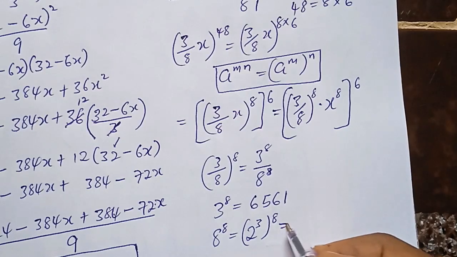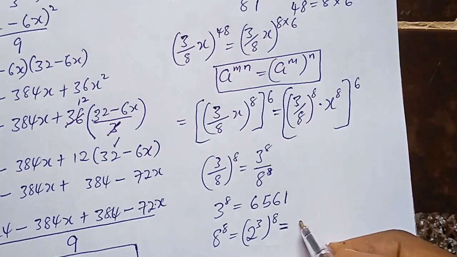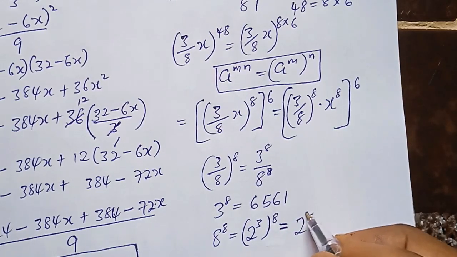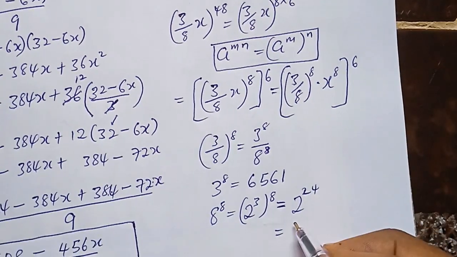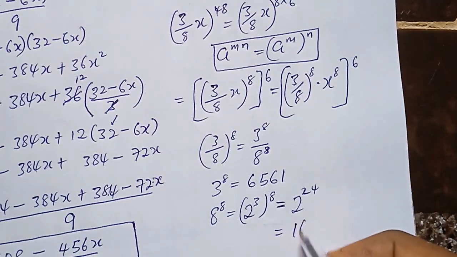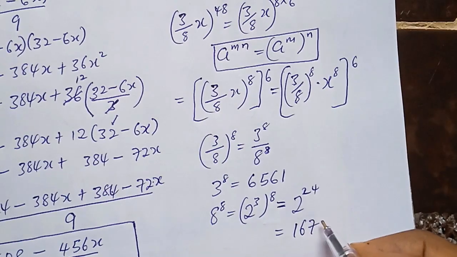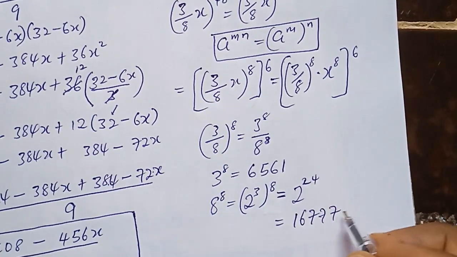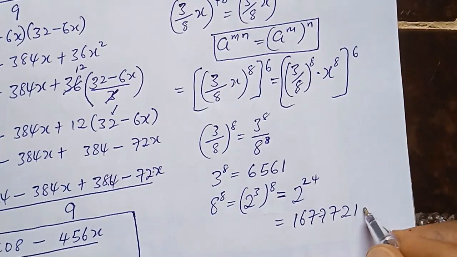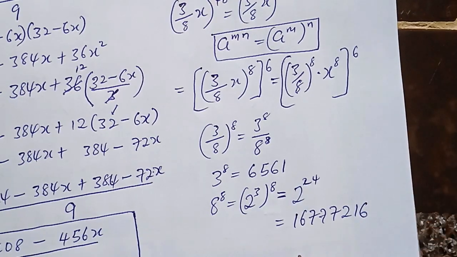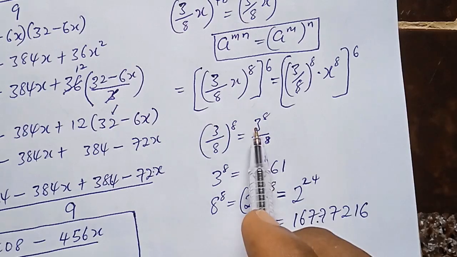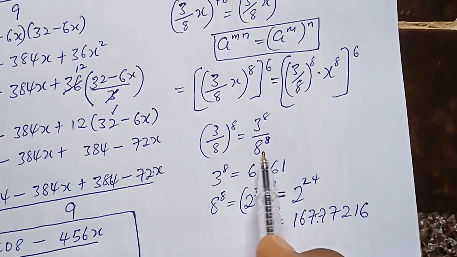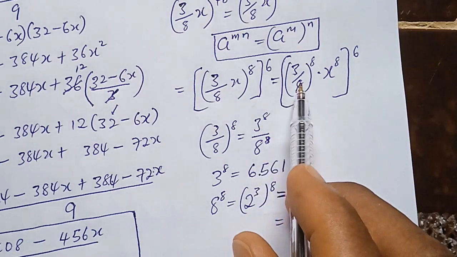And 8 raised to power 8 can also be written as 2 power 3 into brackets power 8. And that will give us 2 raised to power 24. And the value for this can be seen as 16,777,216. So we input this here, and then put it here.